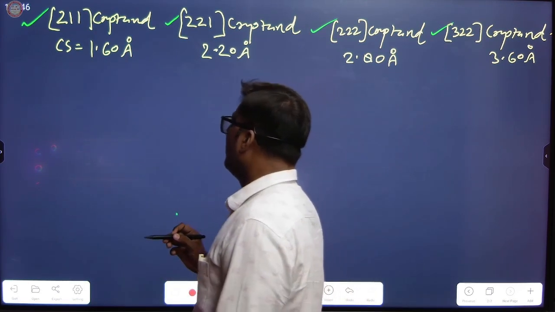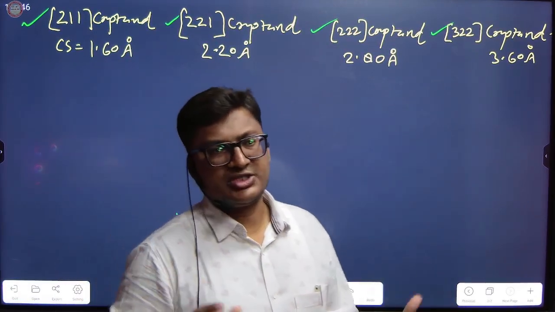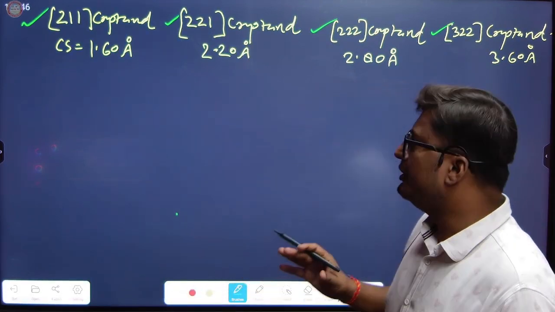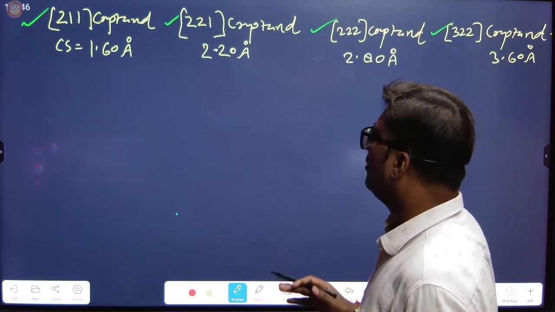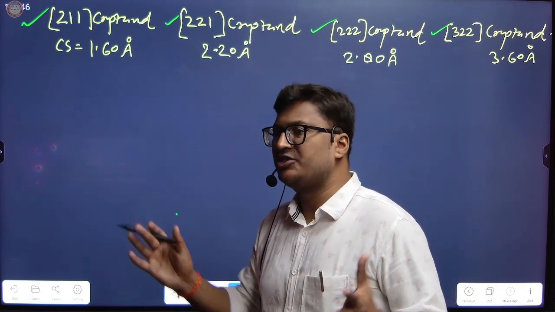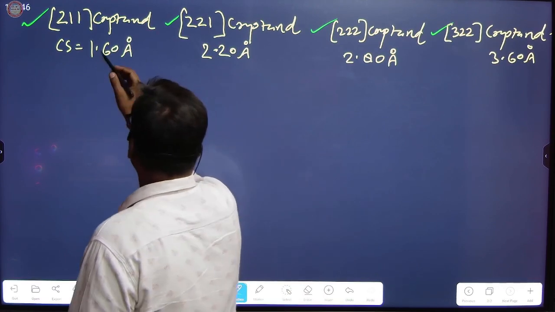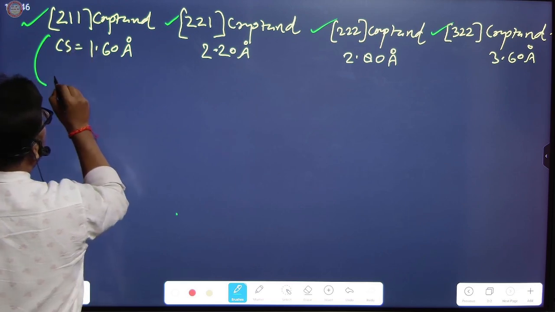So if the number of ethereal oxygen groups between the two nitrogen centers is low or small, its cavity size will be low. So here the total ethereal oxygen is 4.